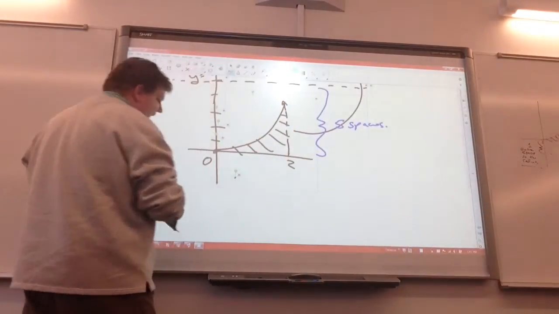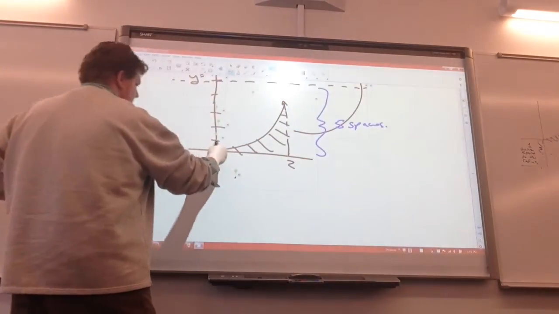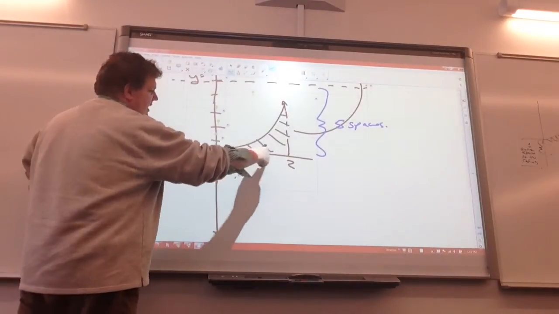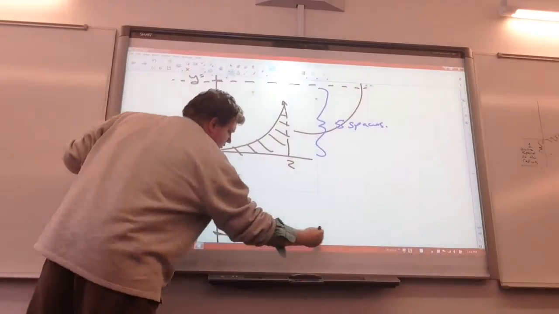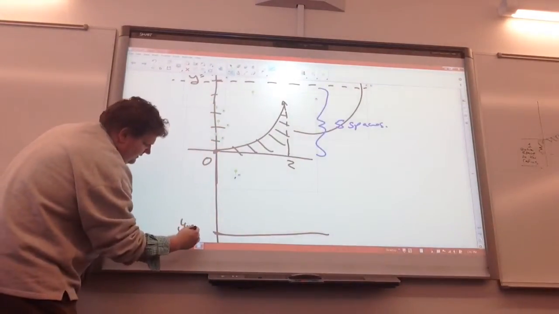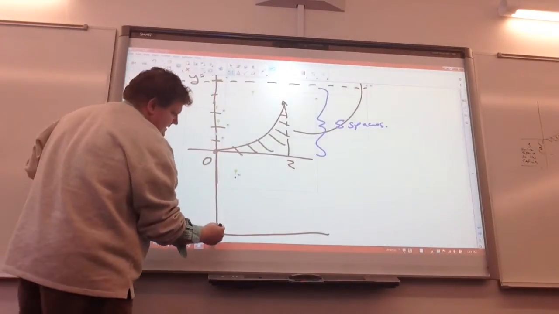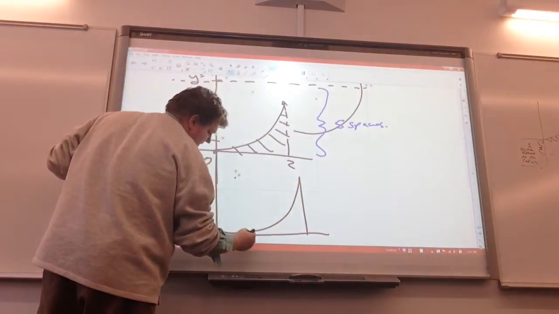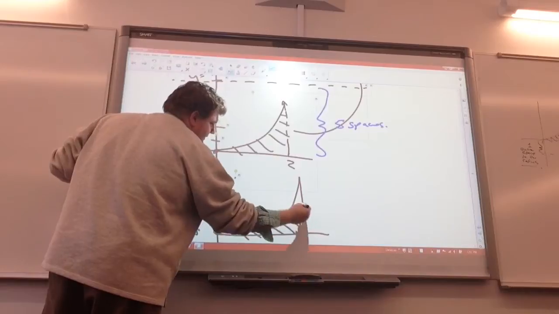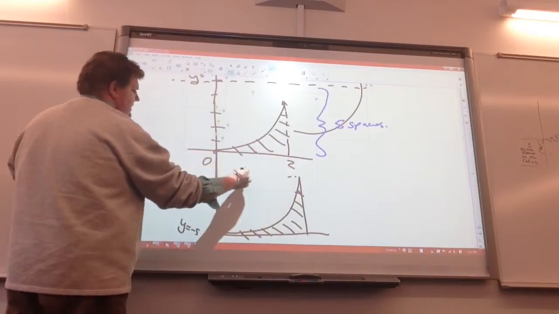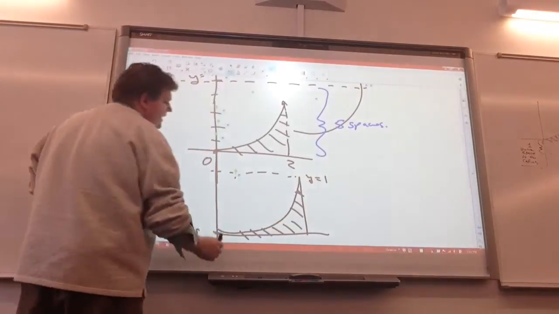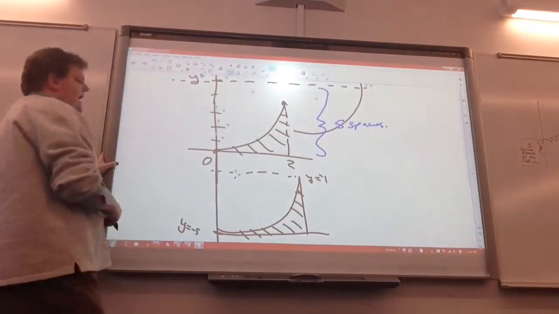So the top boundary of this thing will be at the line y equals -5, and this would be the area I spin. This would be y equals -1 negative, and such as that.